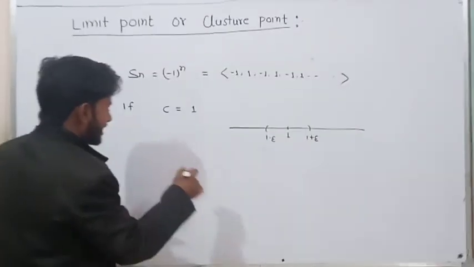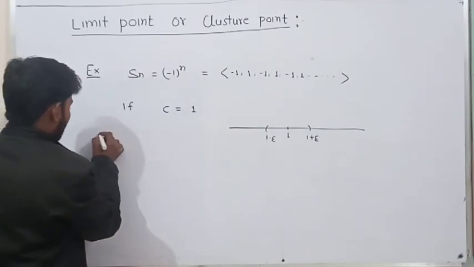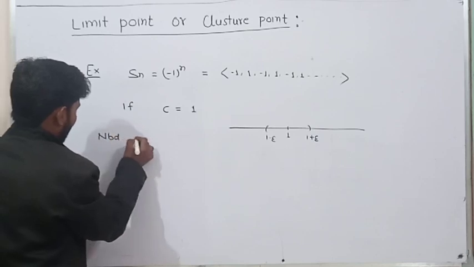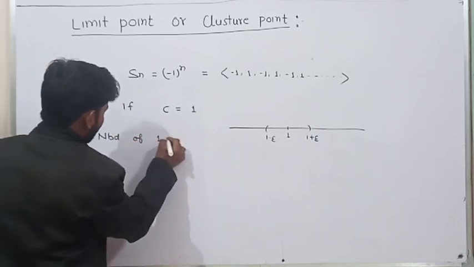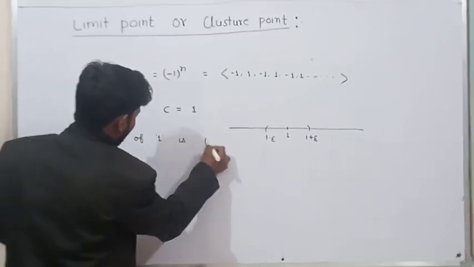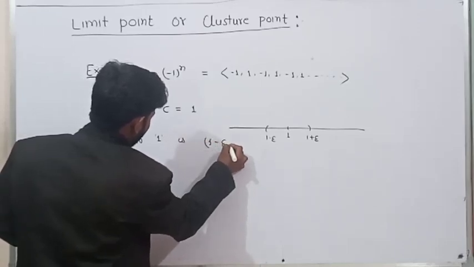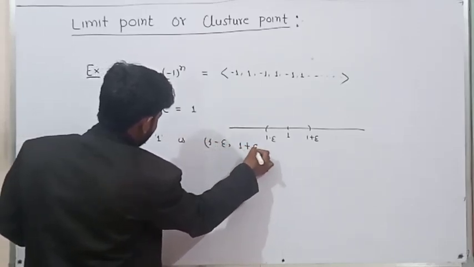The neighborhood of 1 is (1 minus epsilon, 1 plus epsilon).